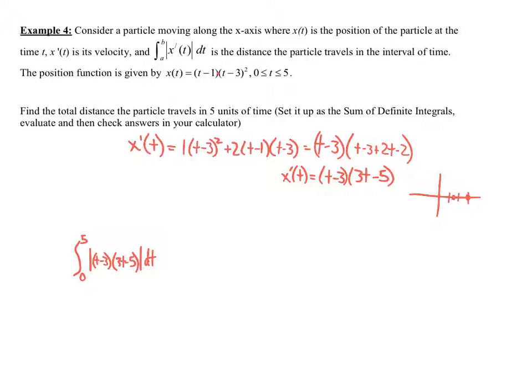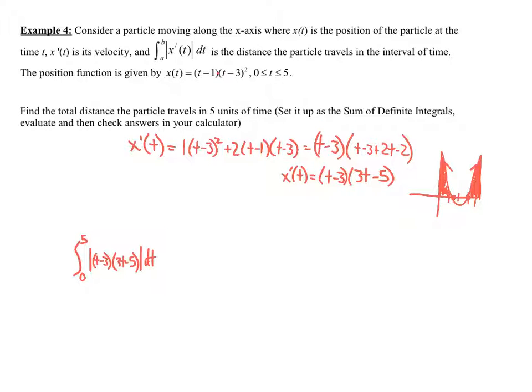So right here, is this quadratic opening up or down? It's going up, so it's going to look like this, right? And that's important because as I do the integral from 0 to 5, this part here is positive. This part here is already positive.